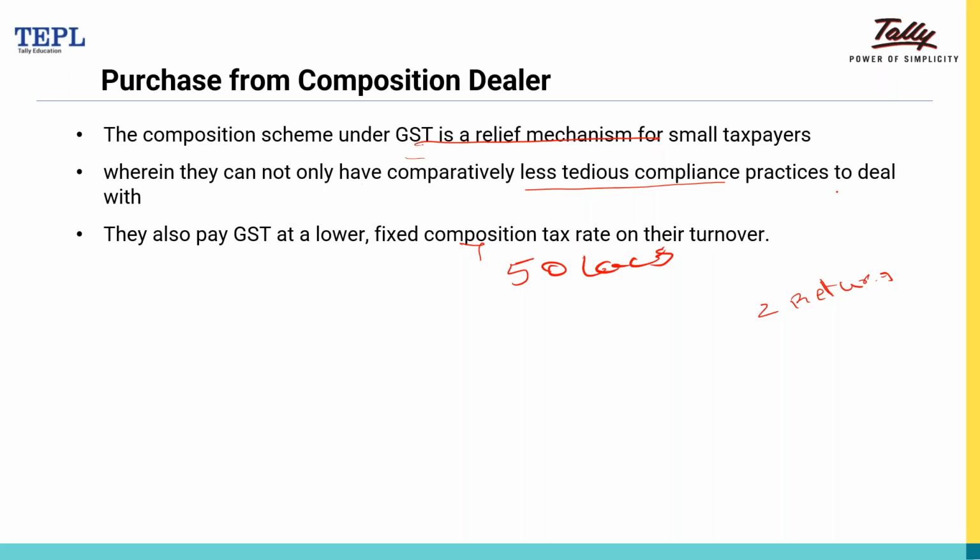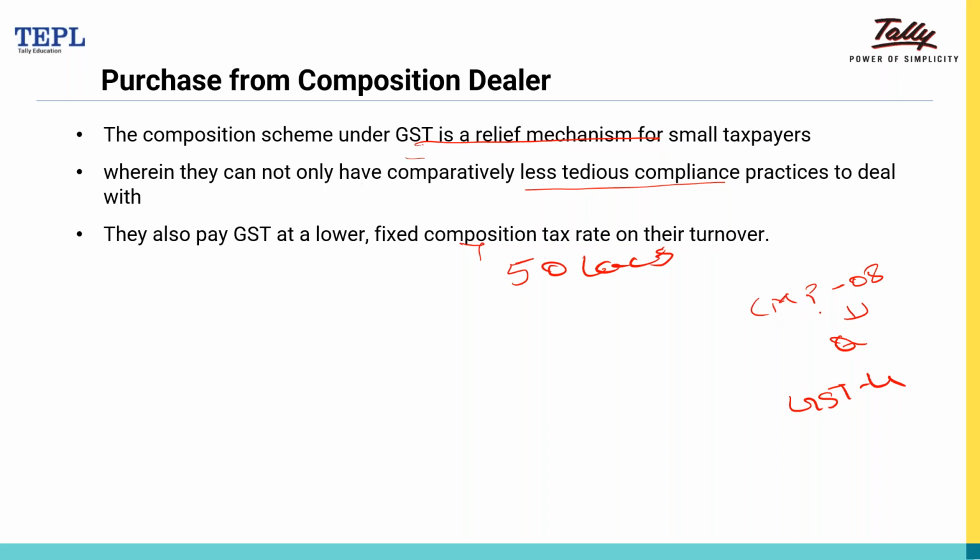The 2 returns are, first, CMP-08, which is on a quarterly basis, and the other is GSTR-4. So only these 2 returns you need to file.